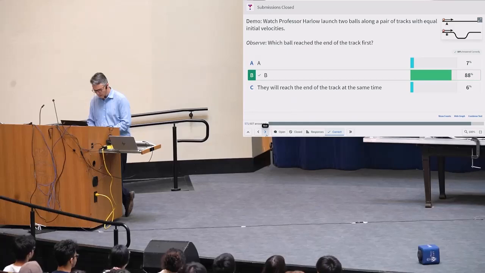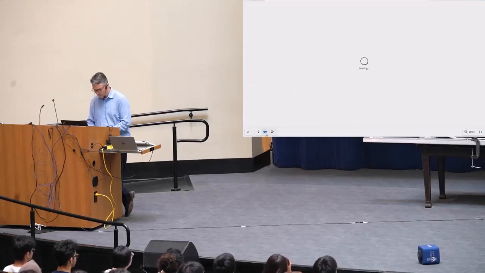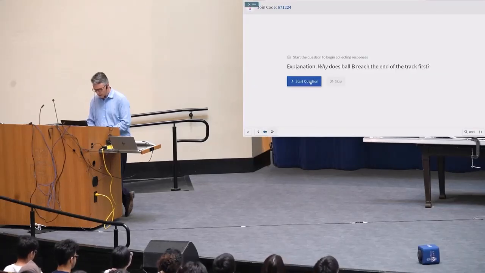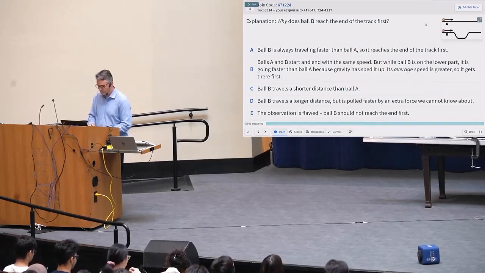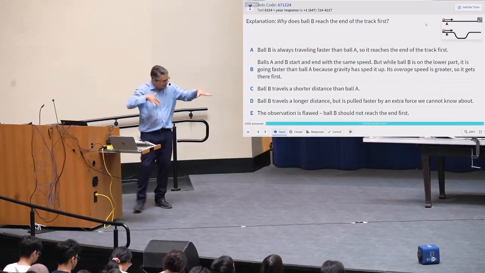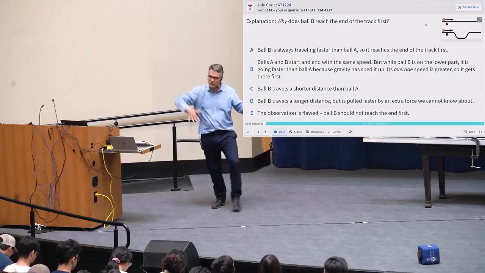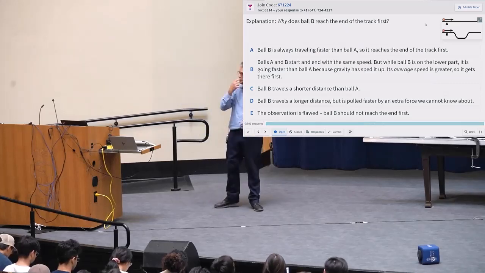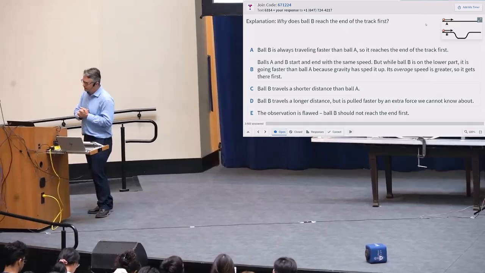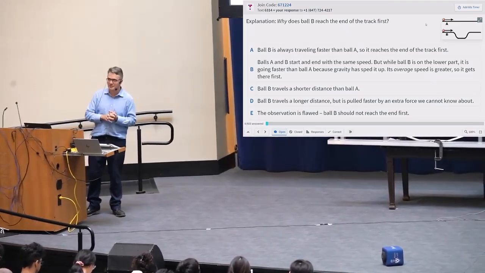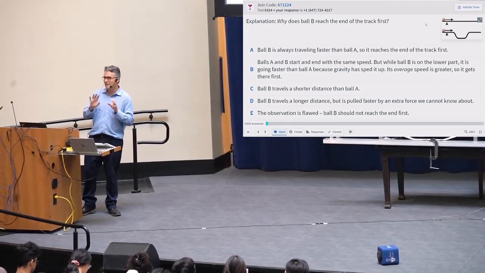So B seems to win every time, and I found that it doesn't really seem to depend on the exact shape of the track. There's lots of different ways of making this, but the lower path tends to win here. So maybe you could pick an explanation from this list that makes sense.